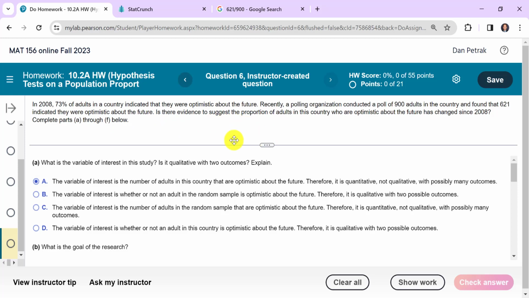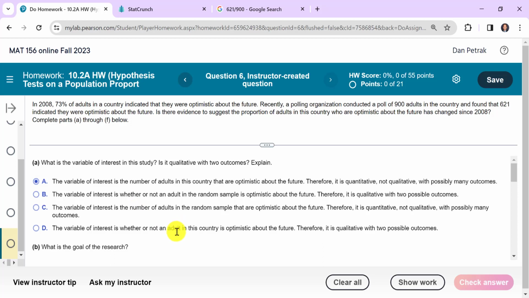So let's go through all these things. What's the variable of interest? The variable of interest is essentially whether it's changed. So the variable of interest is adults in this country who are optimistic, and whether it's quantitative or qualitative. Being optimistic or not optimistic is a qualitative thing, and there are only two outcomes: either they are or they are not.